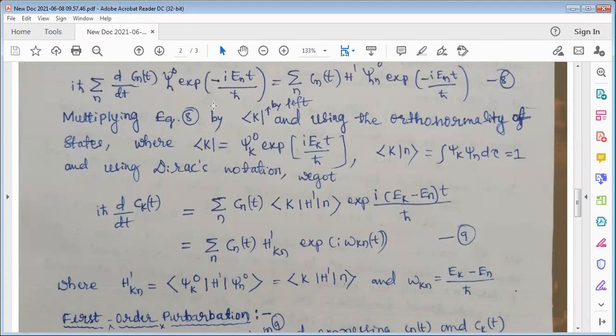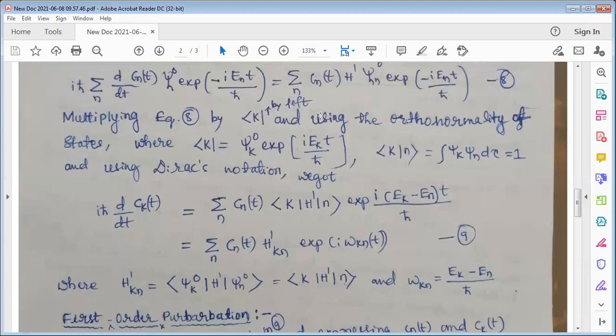So what happens on the LHS, this is multiplied to this one, and because of this orthonormality condition that goes to one, and because of this psi 0 multiplication on this Cn of t, the system gets changed or takes a transition to the k state. So that is why Cn of t becomes Ck of t, and everything is written as it is.